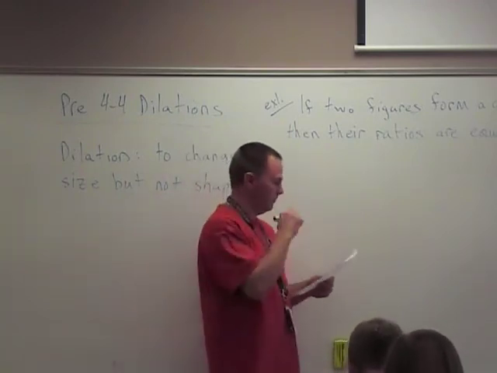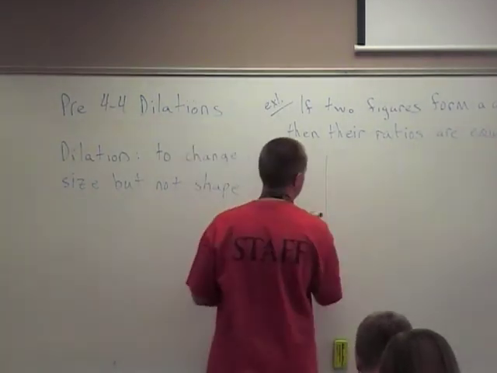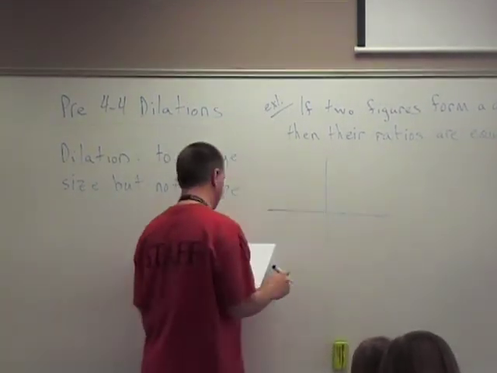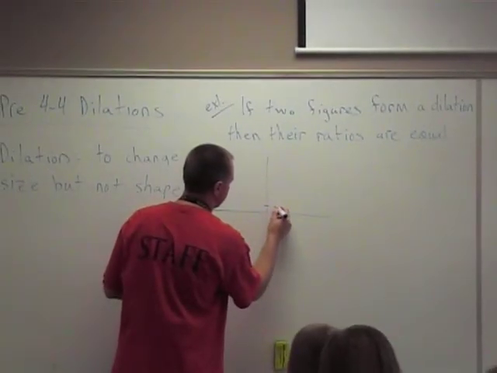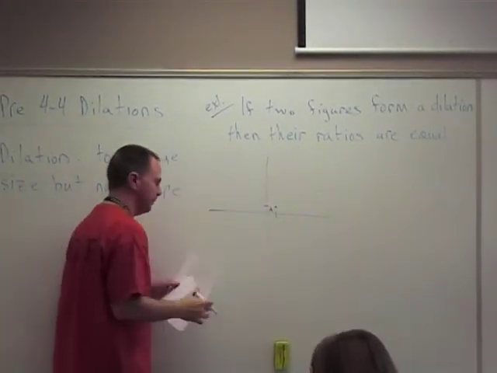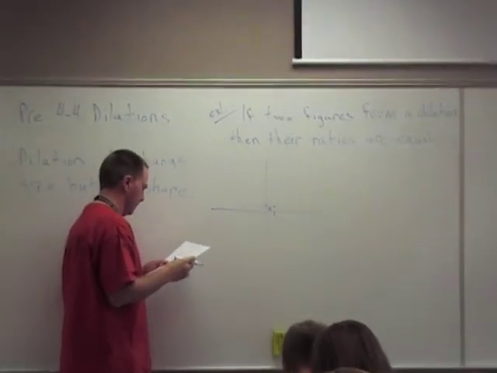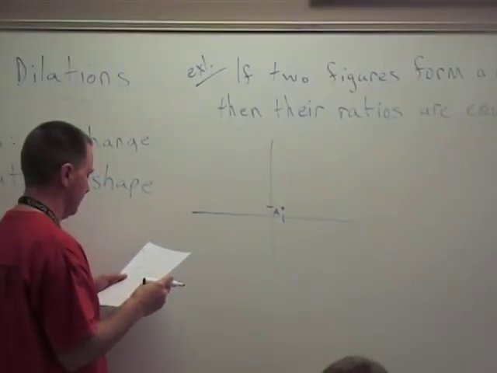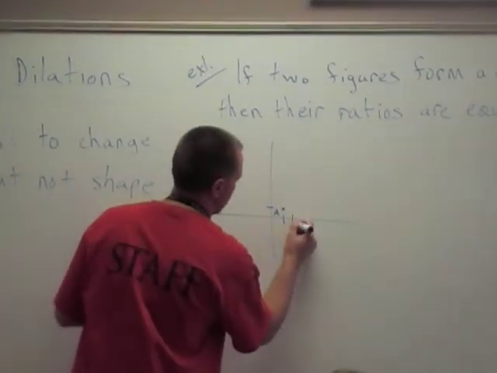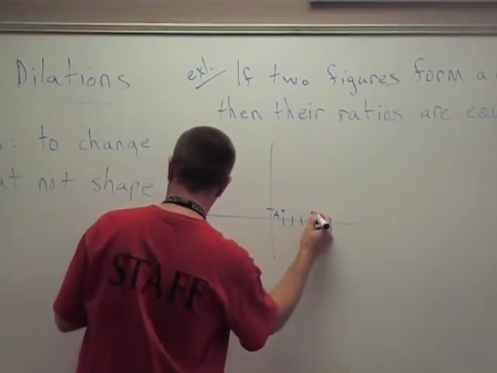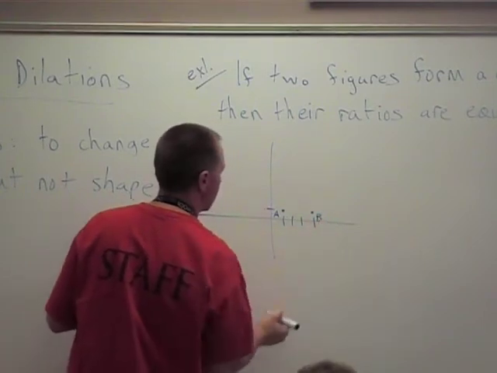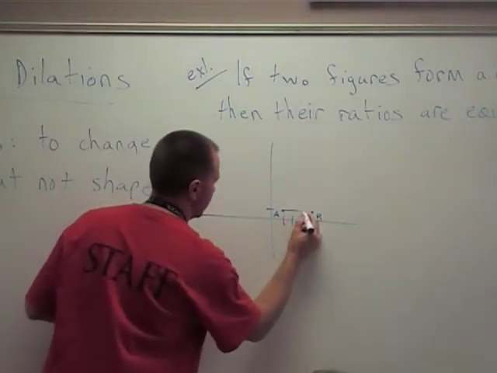Okay? So, you're given a graph. Everybody draw their graph. Here are your points. 1, 1, that's point A. 4, 1 is point B. That'll be the base of our figure.